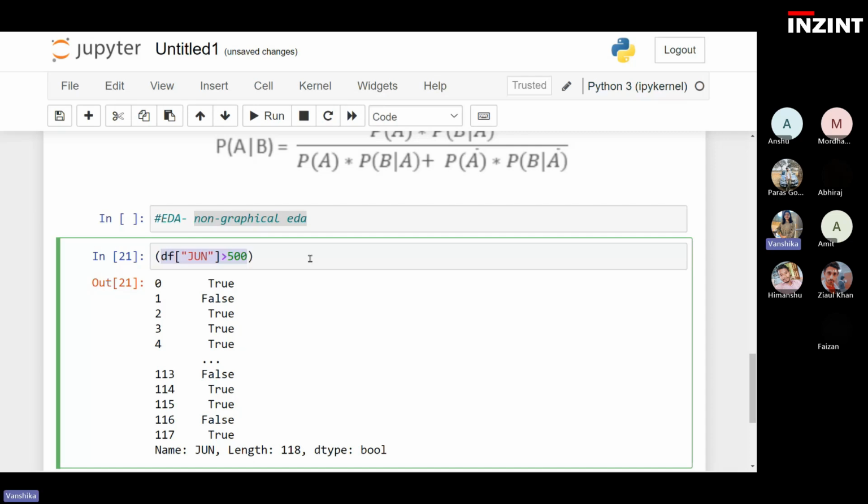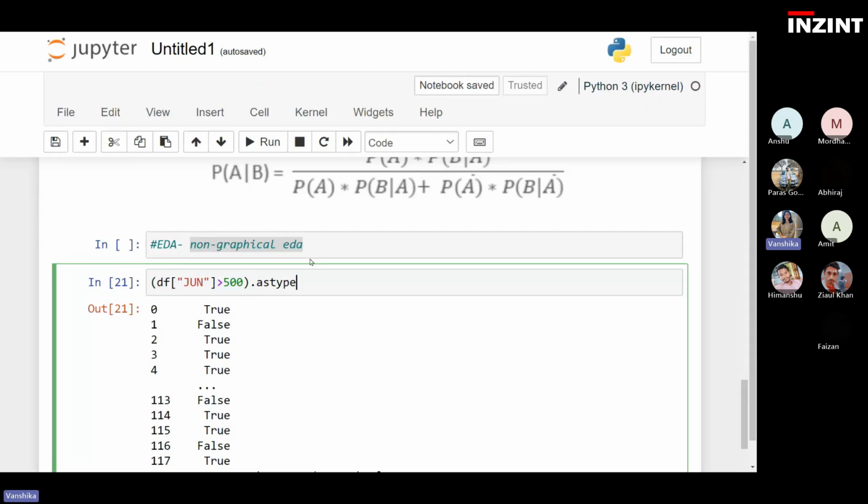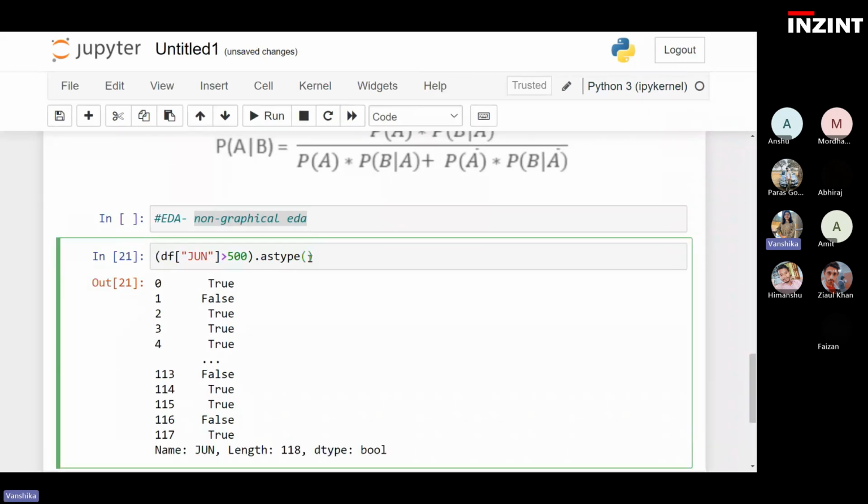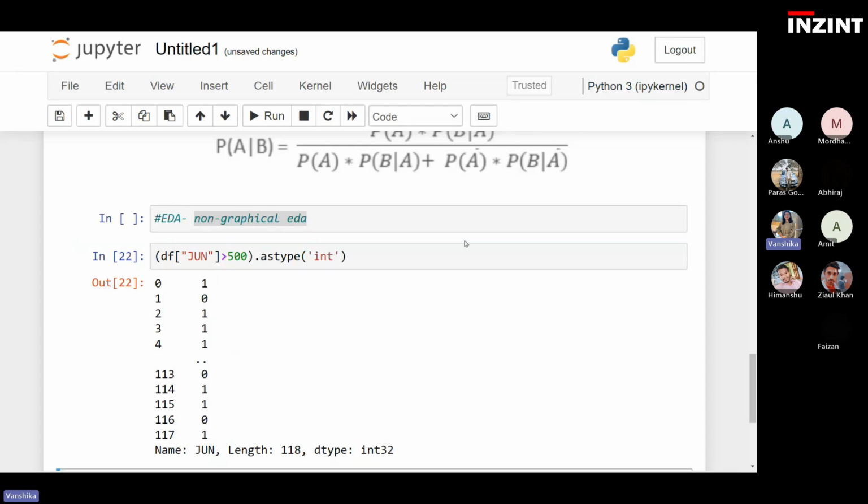To encode it directly, you can use the as type function here. What this function does is convert your data type from one to another. Currently, the data type is Boolean. I use as type to convert it into integer. Okay. So what do I have?